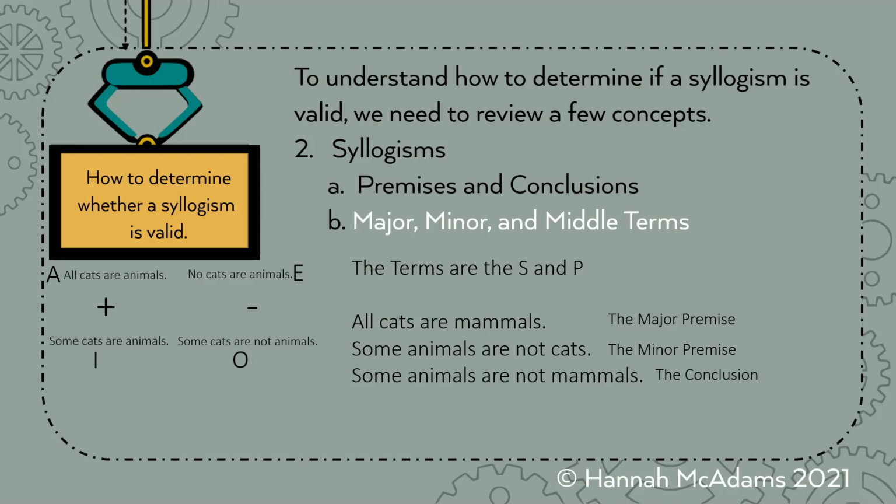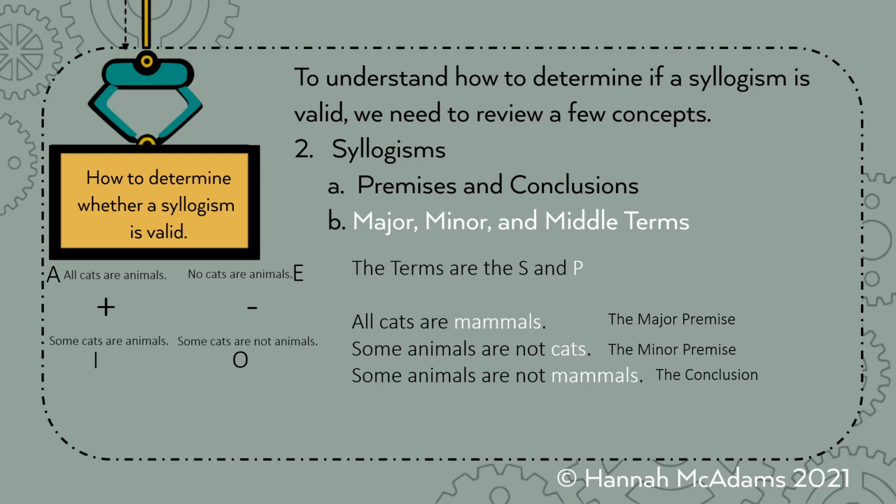The way that you find the major term: remember the terms are S and P. So cats and animals here are the S terms, and the P terms are at the end of the sentence: mammals, cats, mammals. I could switch these words, so instead of all cats are mammals, it could say all mammals are cats.